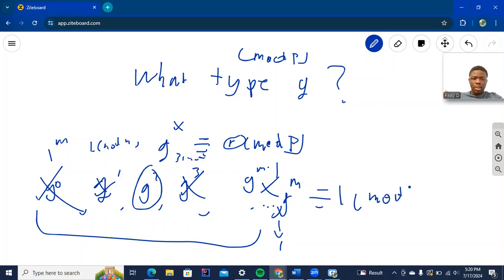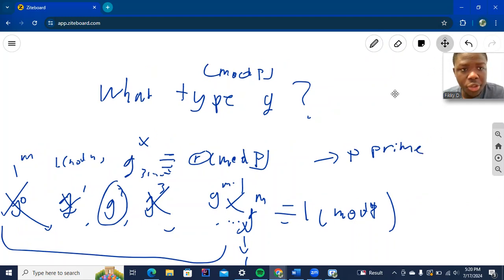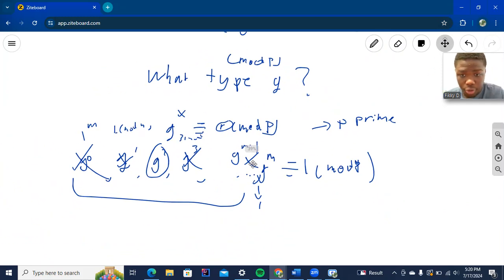We would want m to be really big, and the way that we do this is that if p is prime, then there's guaranteed to be a G, called a primitive root. You can search it up.